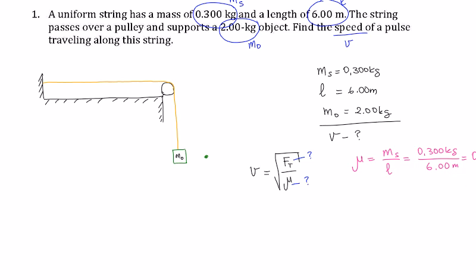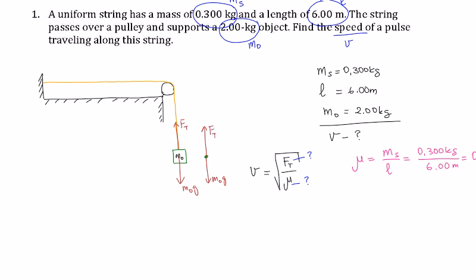The first one is the weight of the object, which is downwards like that. That's the m naught g. And then we have the tension of the cord or the string. So the free body diagram will look something like this: m object g, which is the weight, and then the force of tension.